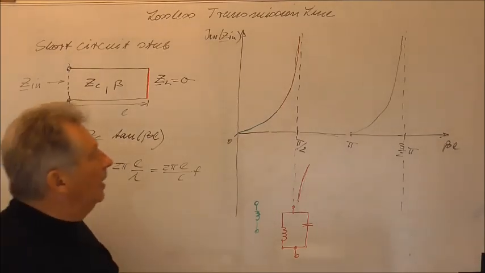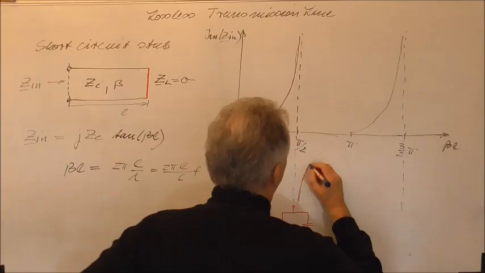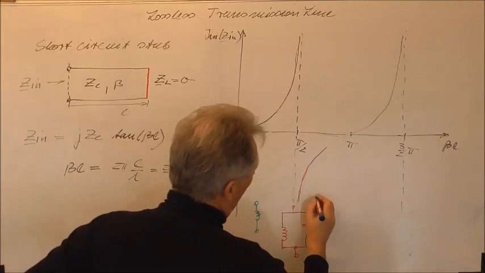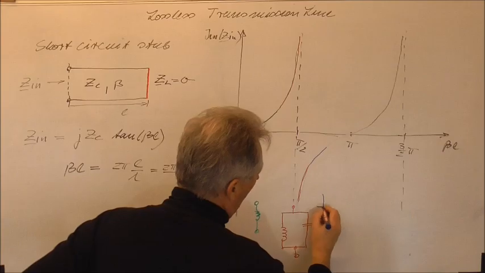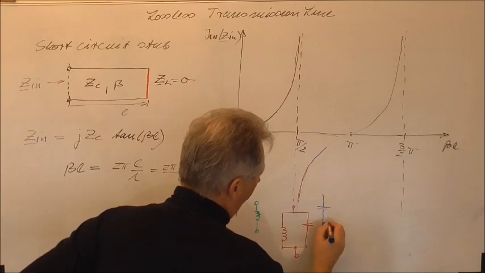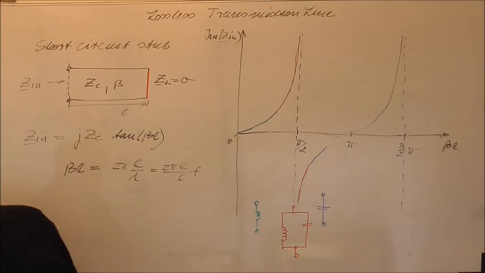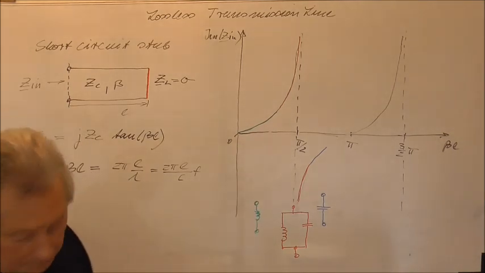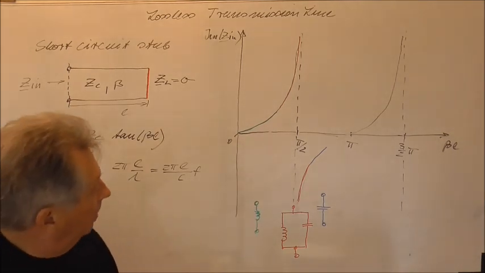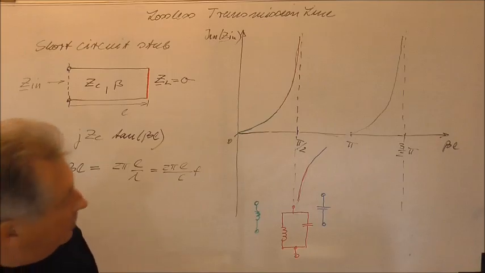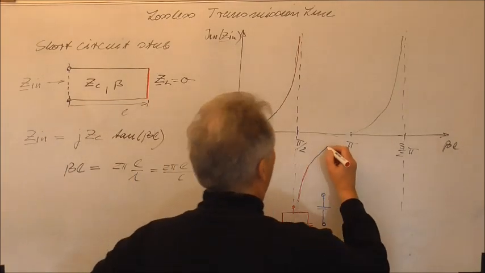And now we have here a region where it's purely capacitive. So in this region we can think of realizing a capacitor with a short circuit stub. And now I don't have another color, so perhaps I just take the red color again here.